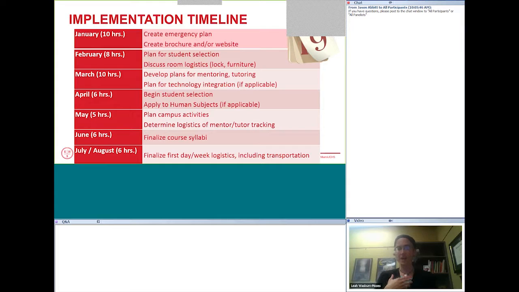We have a program for young adults with significant special needs on campus, and some of them are doing work experiences. I didn't know that. So sometimes the buses are already running certain places, and that just takes somebody who knows the transportation.